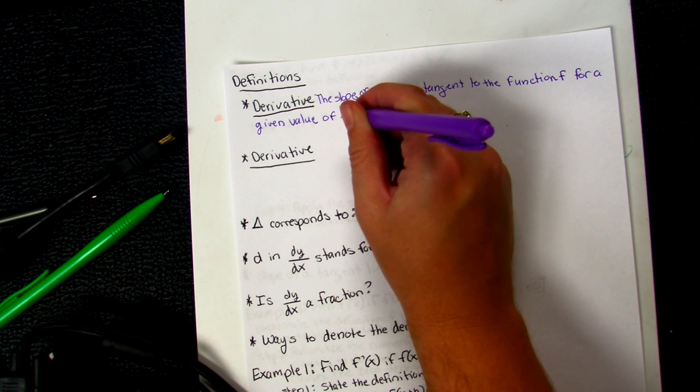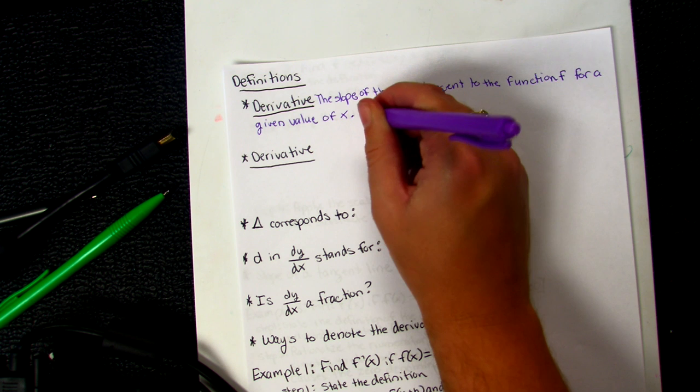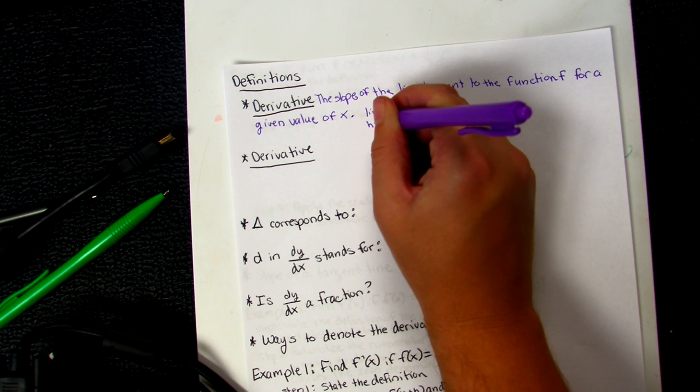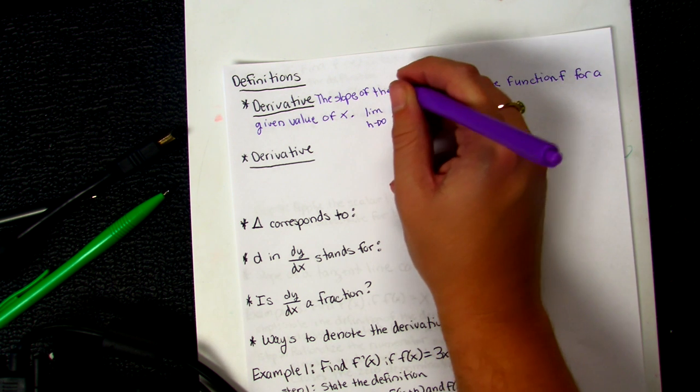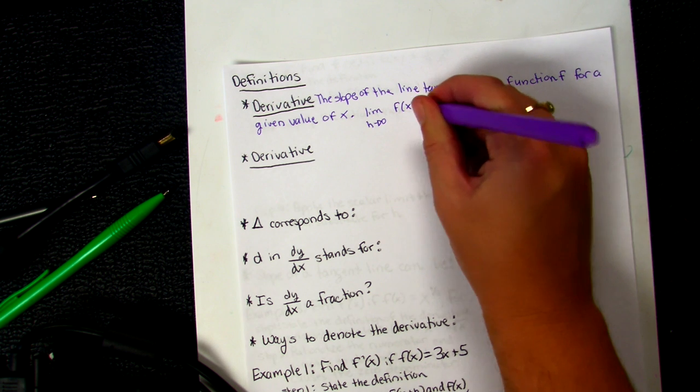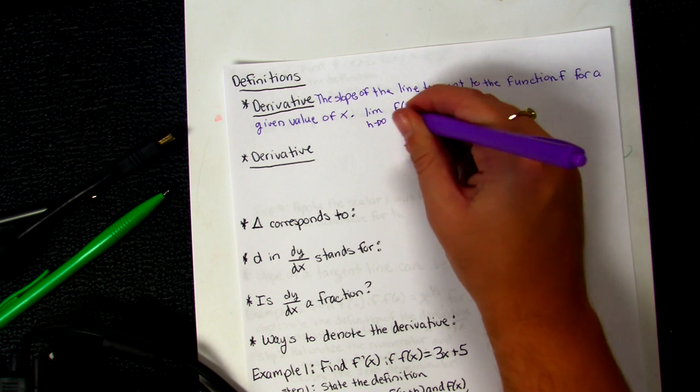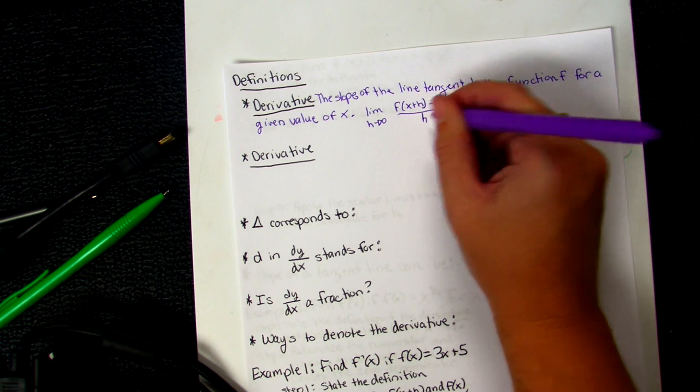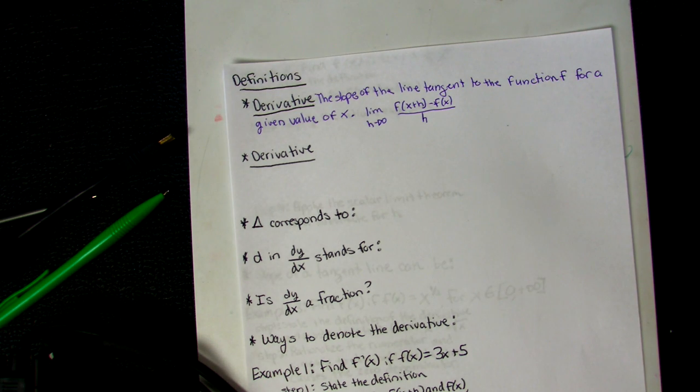So in symbols, it would be the limit as h approaches 0 of f of x plus h minus f of x over h, if the limit exists.